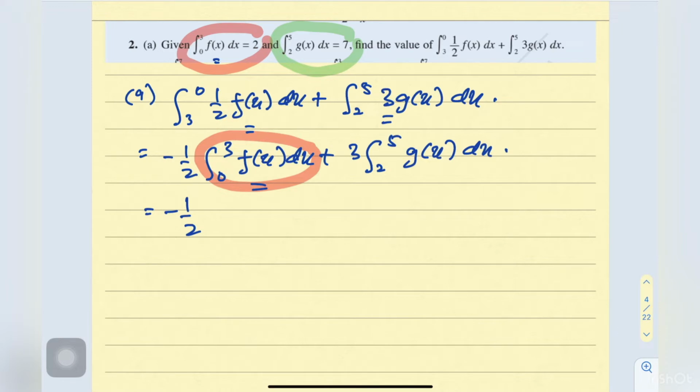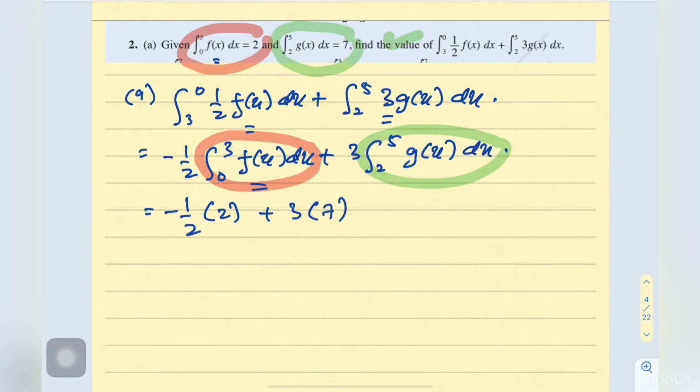So negative 1 over 2 times 2 plus 3 times the gx integral, which equals to 7. So plus 3 times 7. Okay, so negative 1 plus 21 equals to 20.